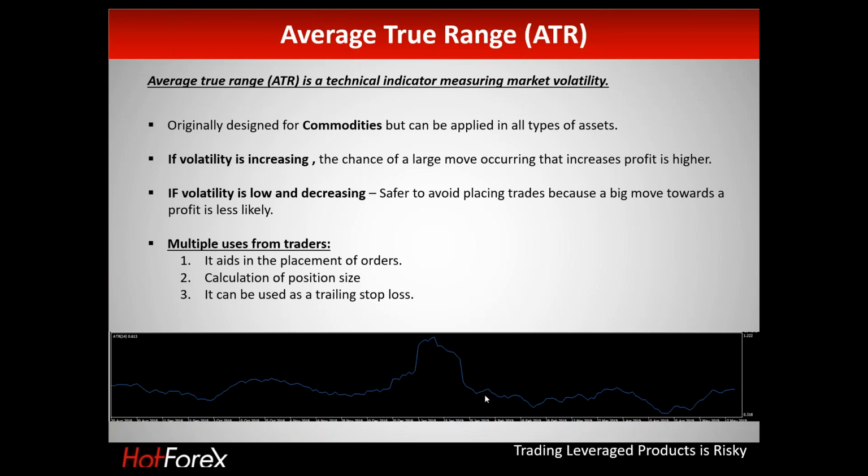So even if we are in an uptrend or in a downtrend, high volatility means the chance of a large move occurring increases, and the potential profit is higher. You can use it in either an uptrend or a downtrend, because as we mentioned, it's a non-directional indicator, so it quantifies for you the volatility that there is in the market.